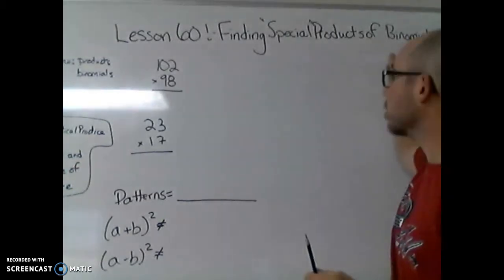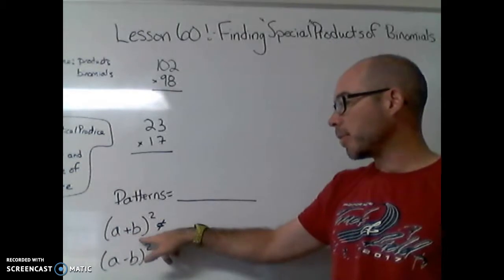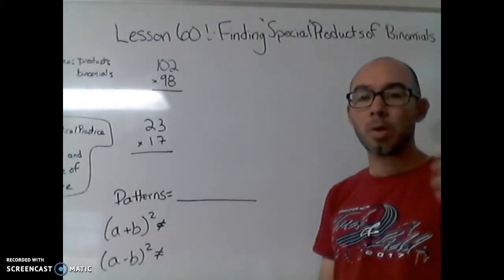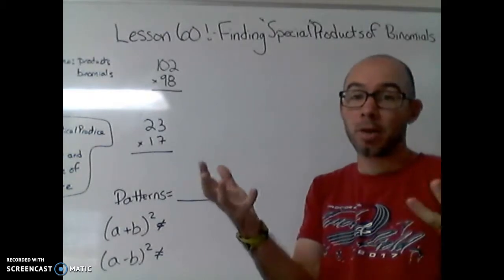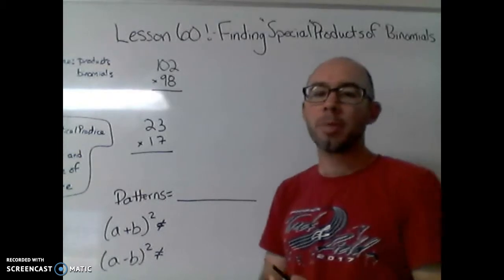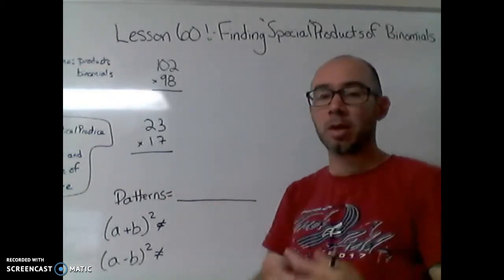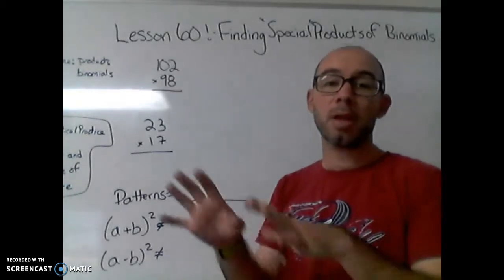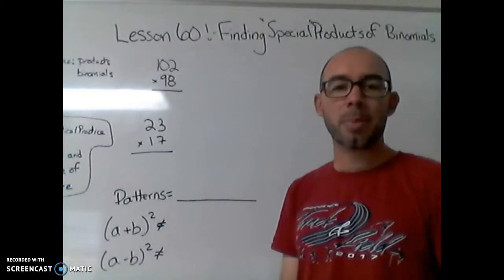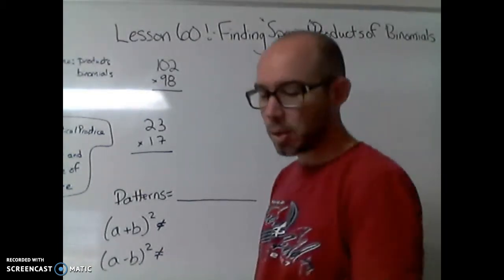And a binomial means two terms, like A plus B. We'll look at the patterns that come about when you square things and when you multiply things by one another. We're going to use some foiling today, but I'm also going to show you the patterns so maybe you save yourself a step or two and get your work done quicker, which sounds good.